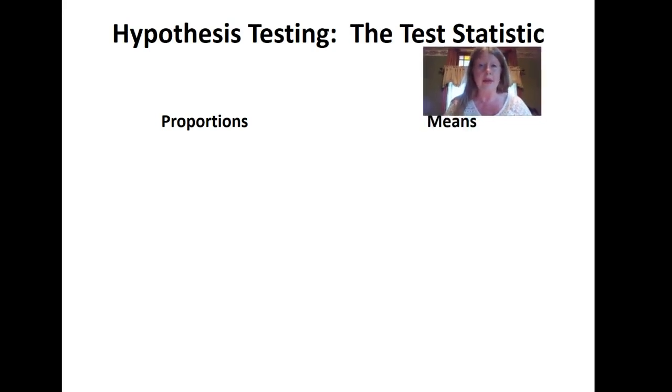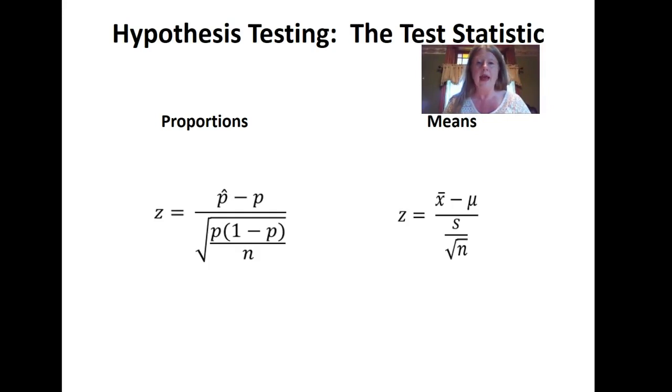So remember, we can have either proportions or means, and in both cases we're computing a z, and the general format is the same. So we're taking our sample statistic minus the claimed population parameter, that's what's in our numerator, and then the denominator would be what we're estimating the standard deviation of our sampling distribution to be. So we have an observation minus a claimed value divided by a standard deviation.